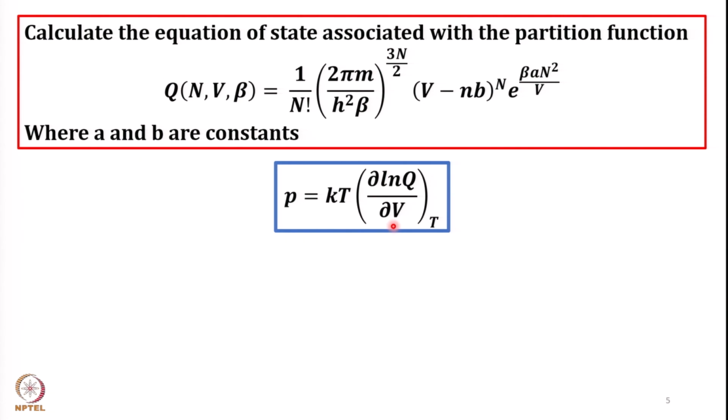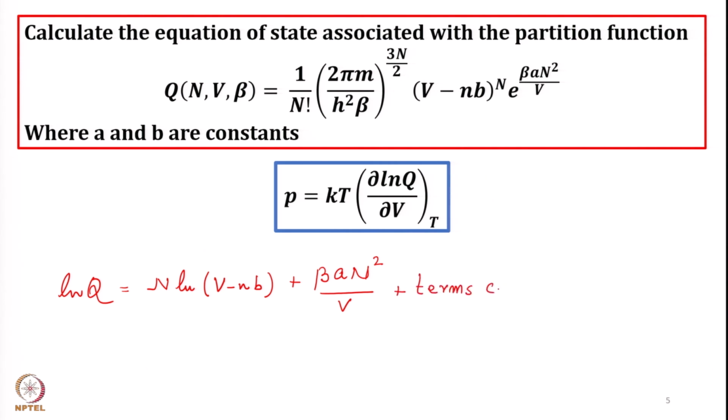So let us now write an expression for log Q, because we will need to take derivative of log Q. Log Q is equal to, let me write first the V minus Nb term, that will be N log of V minus Nb, plus beta a N square by V, log e is 1, plus you have terms containing m, beta, N and some other constants.